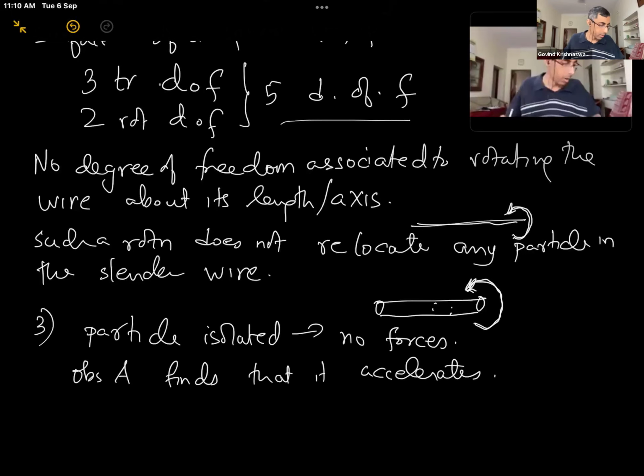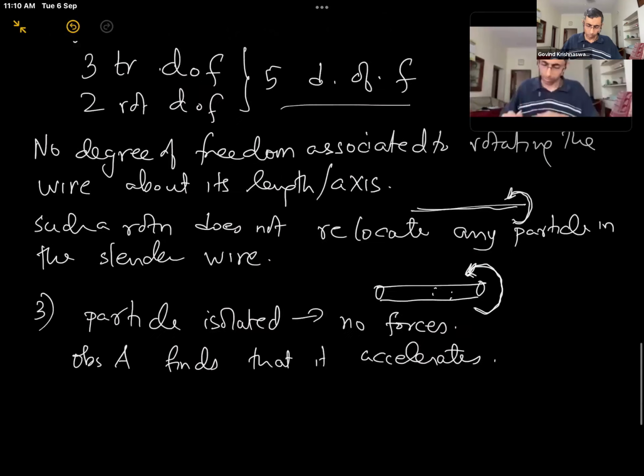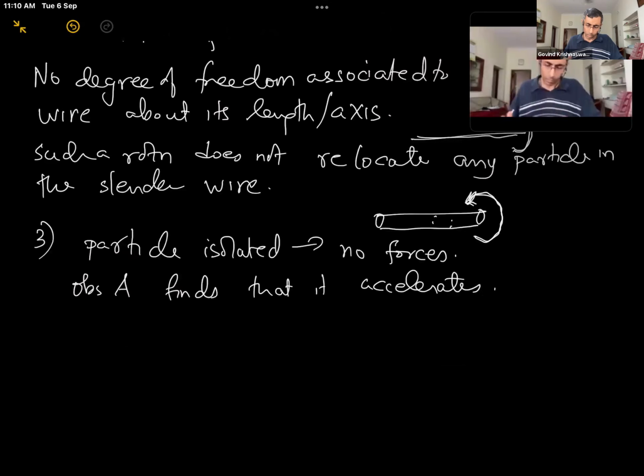That is the statement with respect to A's frame. And the question is, on the basis of Newton's first law, tell whether A's frame is inertial or not. Now, first of all, the particle is isolated, so Newton's first law applies, because Newton's first law is a statement about isolated particles.